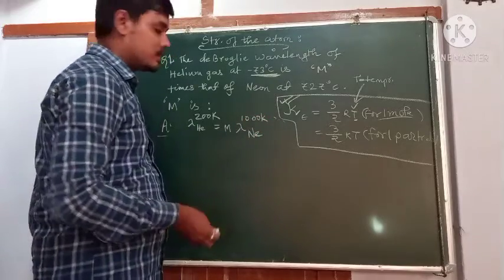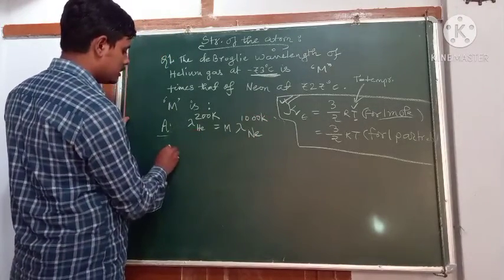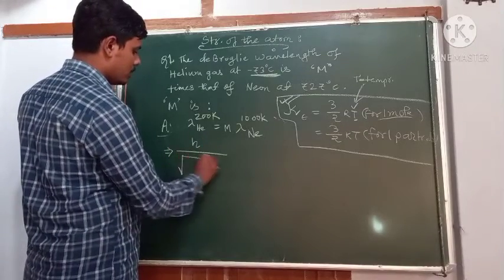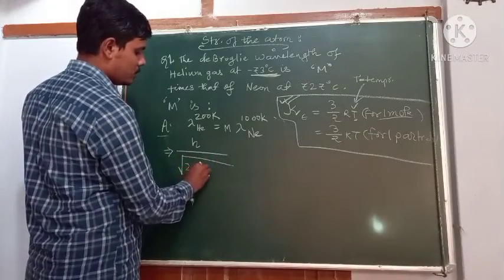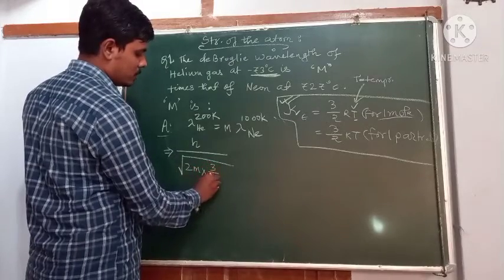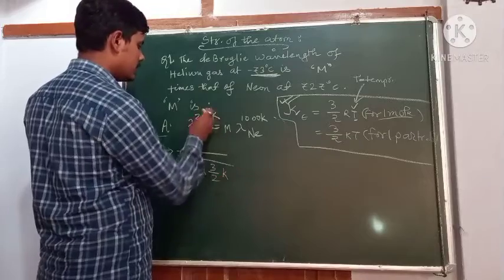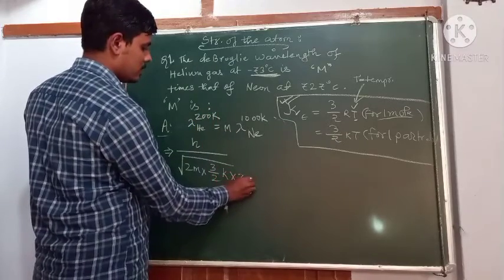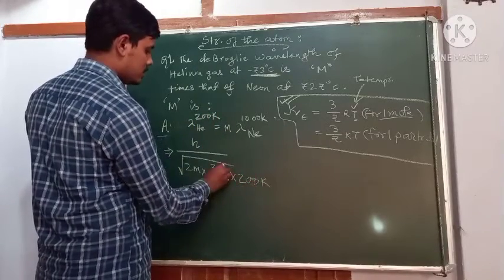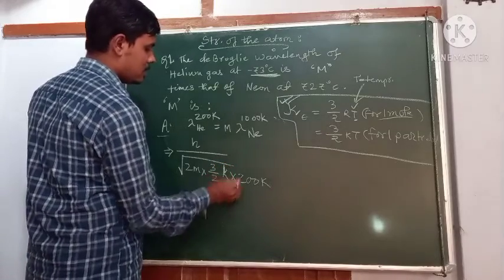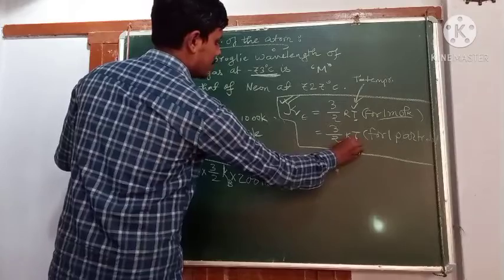This thing is h by root over twice m into 3 by 2 kT, where T is 200. This k is the Boltzmann constant, so better to write it as kB.